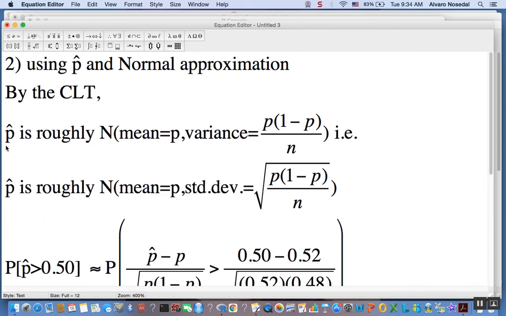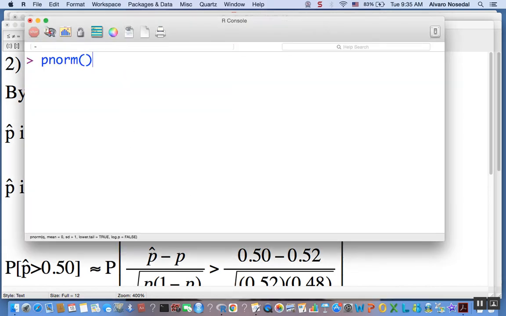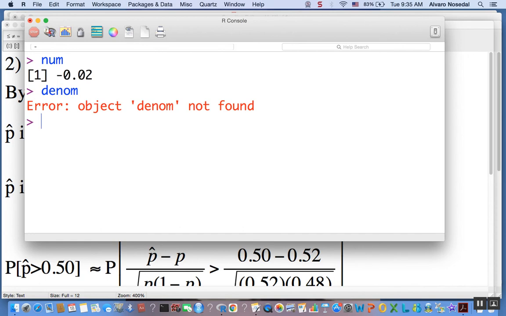What we're saying is that P hat is roughly normal with mean P, again 0.52, and standard deviation the square root of P times 1 minus P divided by N, right?